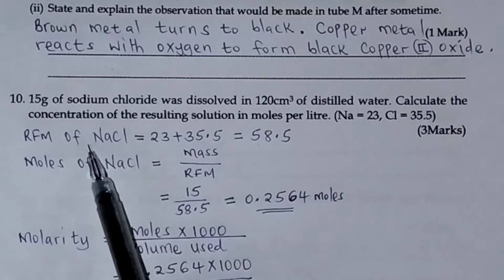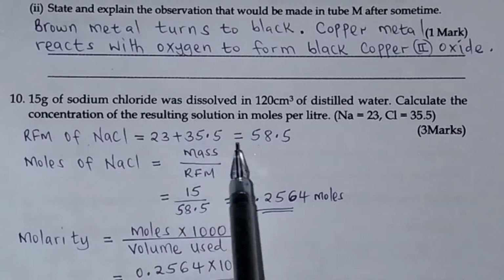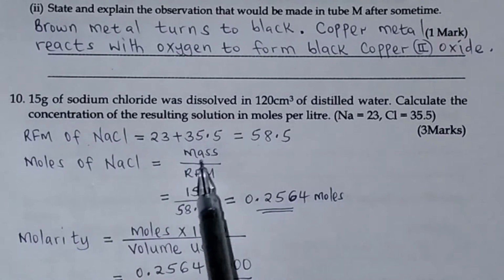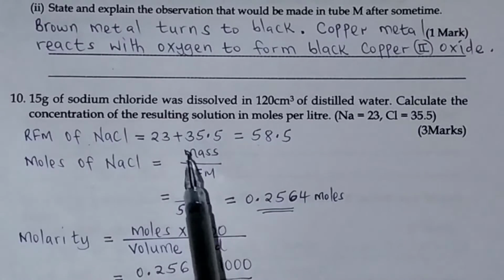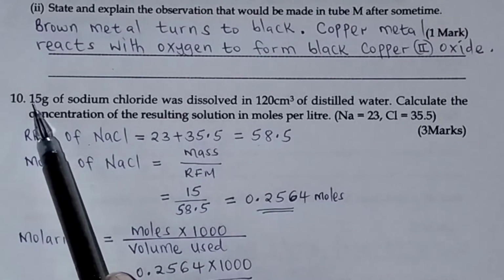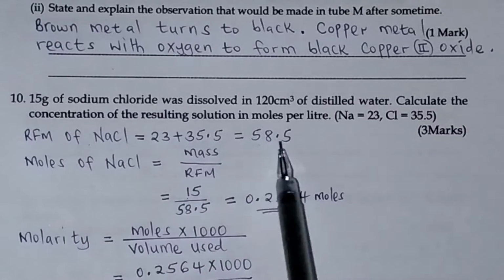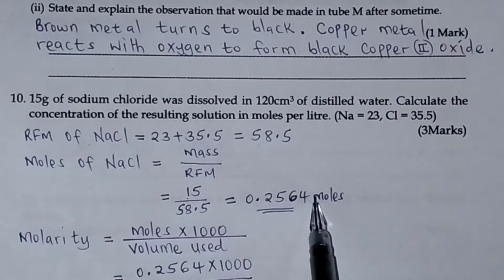It's written NaCl: Na is 23, Cl is 35.5. Moles are given by mass over molar mass, or RFM, relative formula mass. The mass of sodium chloride is 15 grams divided by the relative formula mass, 58.5. We get 0.2564 moles.